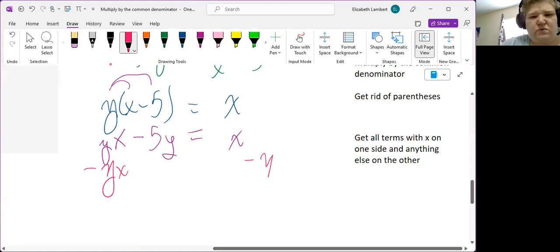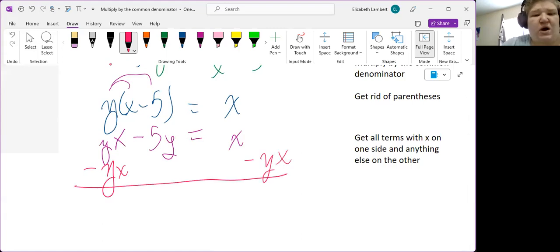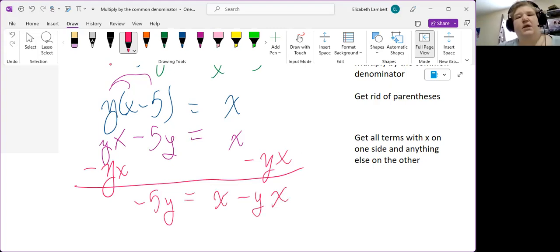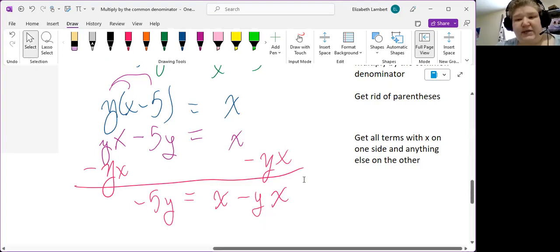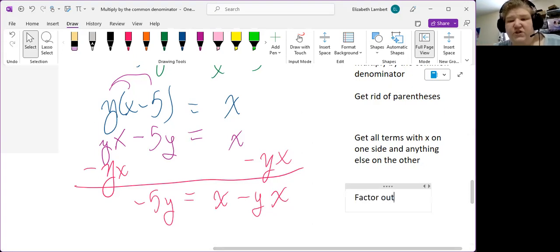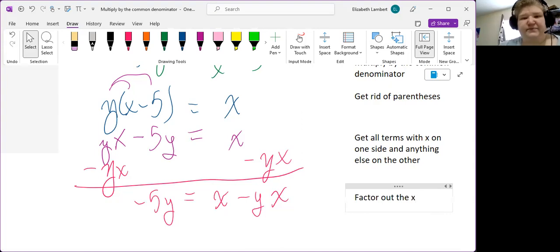So minusing yx. So now we have negative 5y equals x minus yx. All right, now we did talk about this a little, but we have all the x terms on one side. So now what we're going to do is factor out the x.